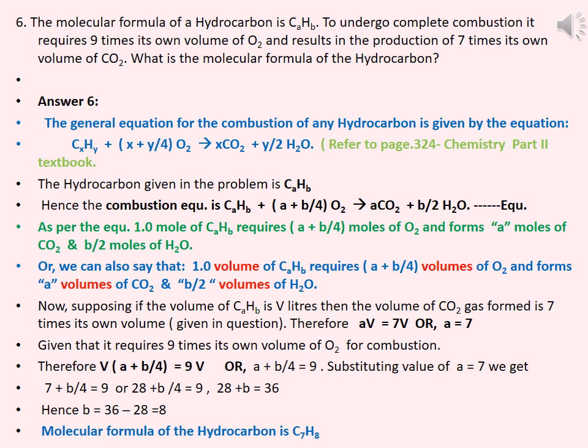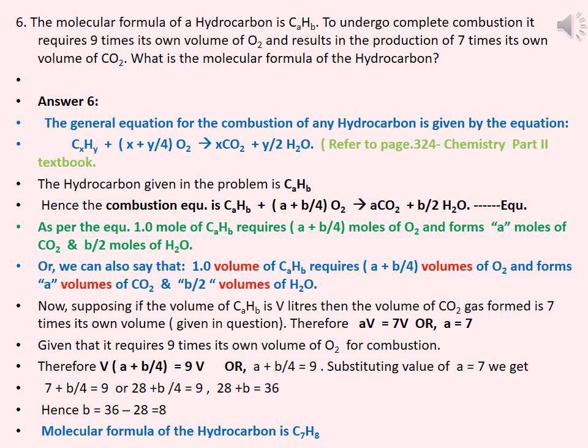Now, we have to make a supposition here. Supposing the volume of CaHb is V liters. Then as per the given data, the volume of carbon dioxide gas is 7 times the volume of the hydrocarbon taken.